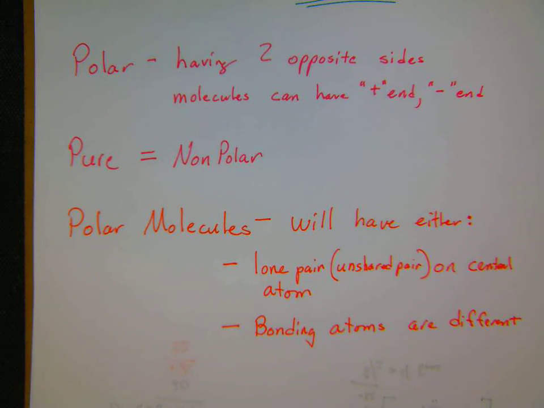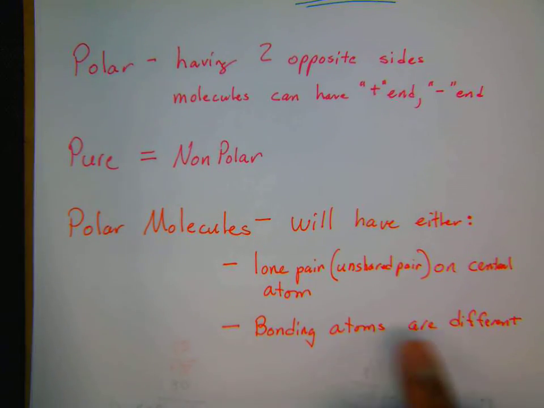What's a bonding atom? The ones that are attached to the central atom. So we've got the central atom in the middle, and the bonding atoms are the ones that connect to it.